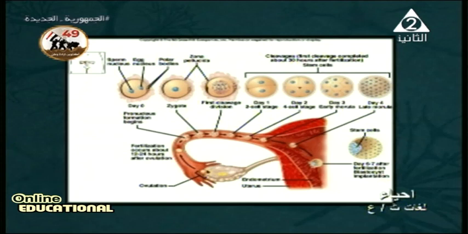This is ovulation, the stage during which the ovary produces the ovum. Ovulation occurs until day 14 and the ovum reaches the uterus.